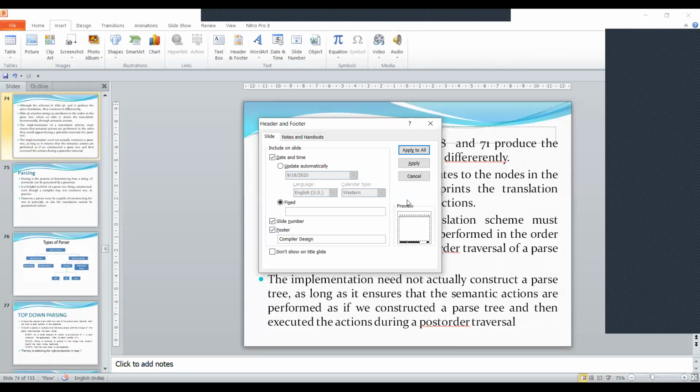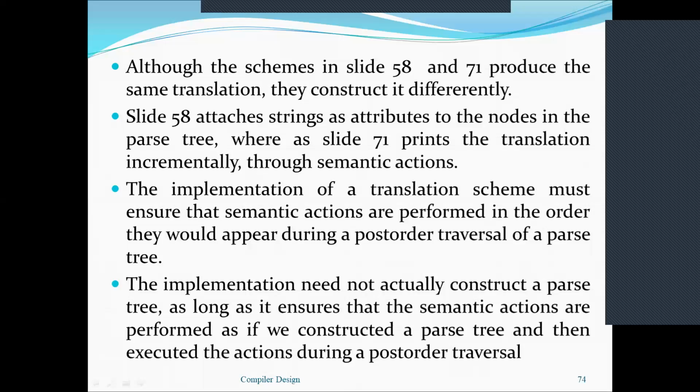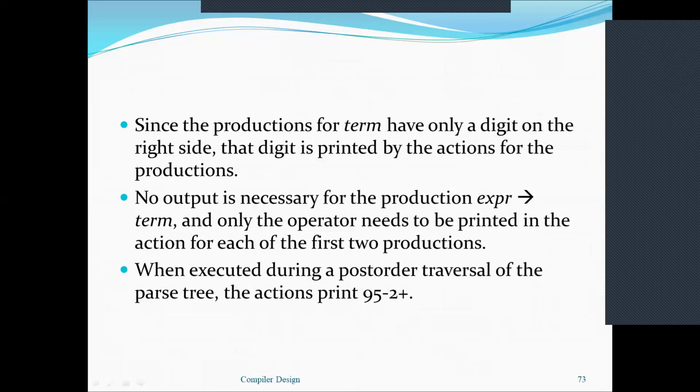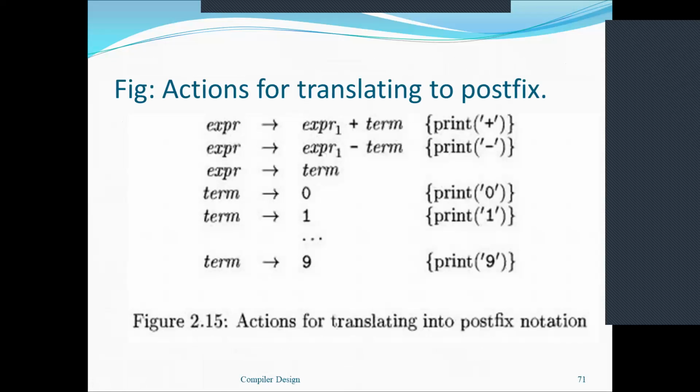It says the slide number 58 and 71 produce the same translation, but they construct it differently. We'll see how they do. If you see this, the outcome of this one is, as we studied, 9, 5, minus 2 plus, right? This is the outcome of this tree or this action to be taken.